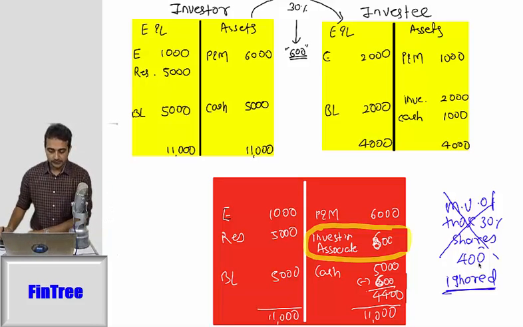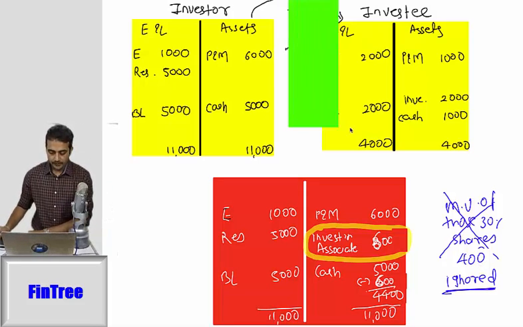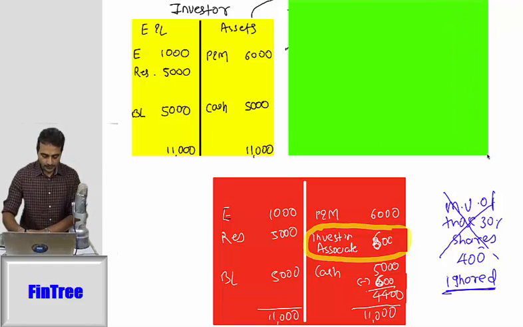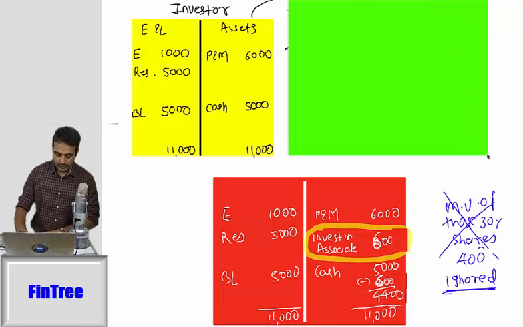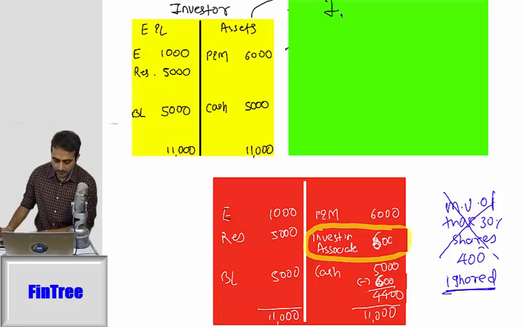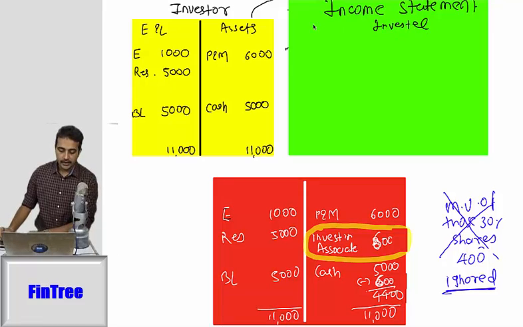Now next year. So now I'm preparing an income statement for investee. Income statement of investee. Now what happens is, next year investee makes sales of 10,000.